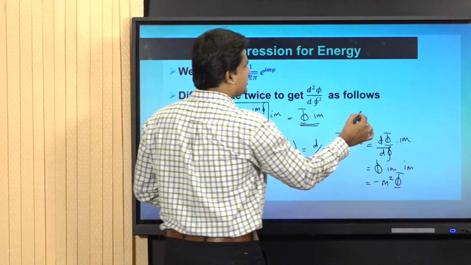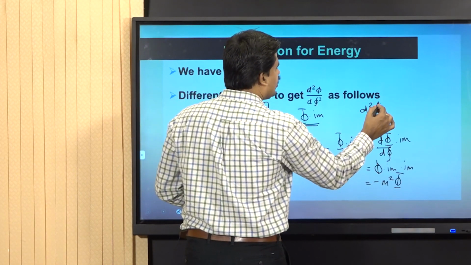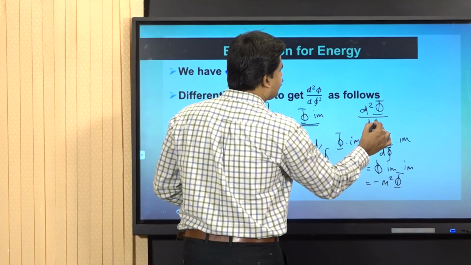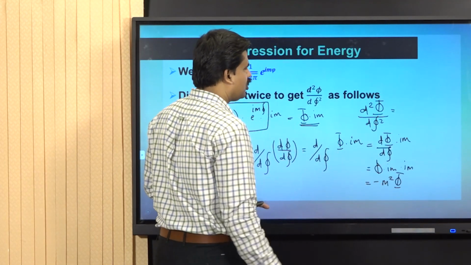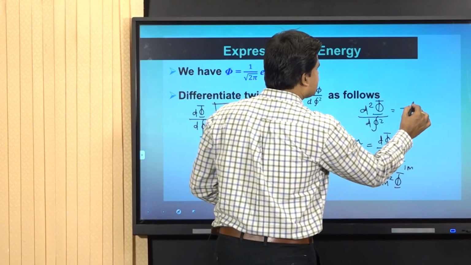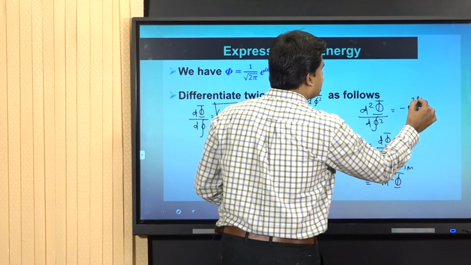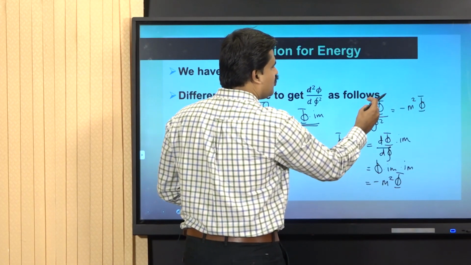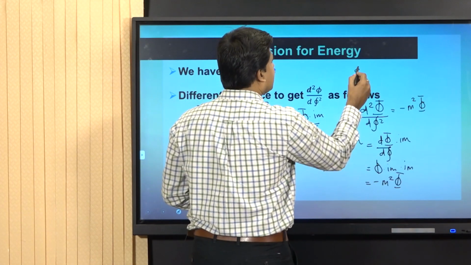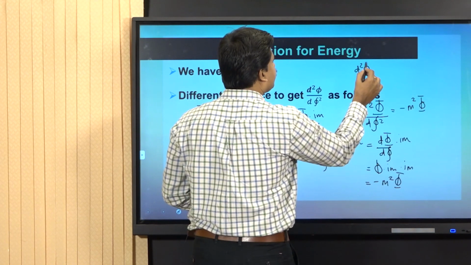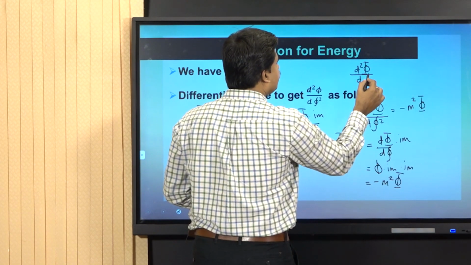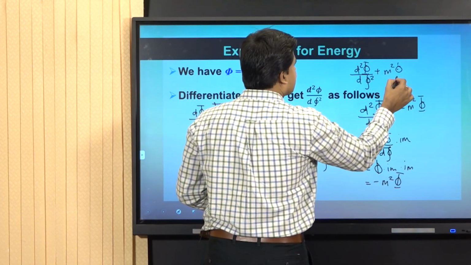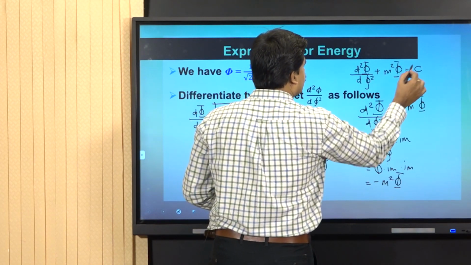Thus, I got the relation d square capital Phi divided by d phi square equal to minus m square capital Phi. Or this negative term can be moved on to the left side. Or I got d square Phi by d phi square plus m square capital Phi is equal to 0.